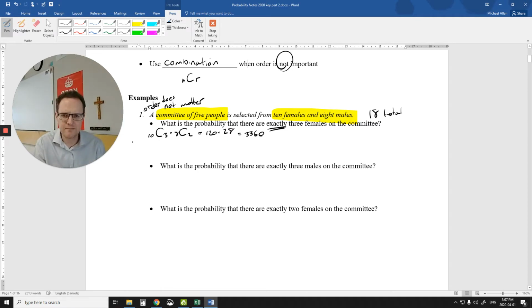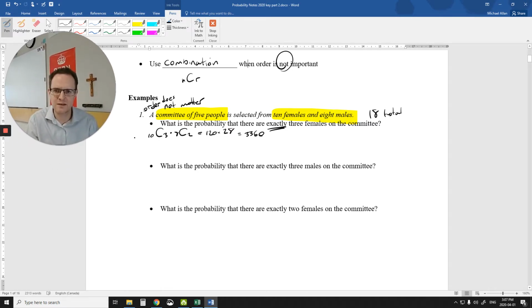Now the probability of this happening, let's call this event A. The event is exactly 3 females on the committee. To get that probability, I have the total number of favorable outcomes, which is this top number, 3,360, and I want to divide it by the total in the sample space. So how many in total are there?